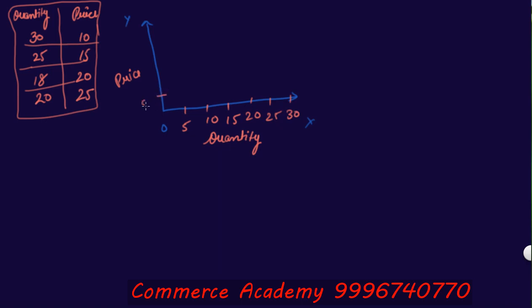Price also, let's take it on the scale of 5. At price 10, the quantity demanded is 30.